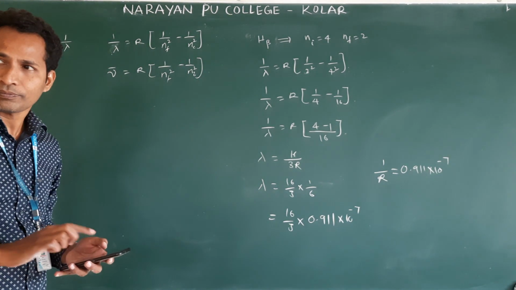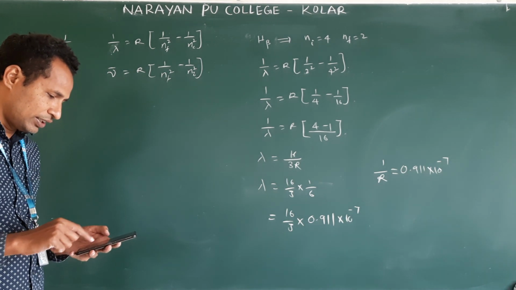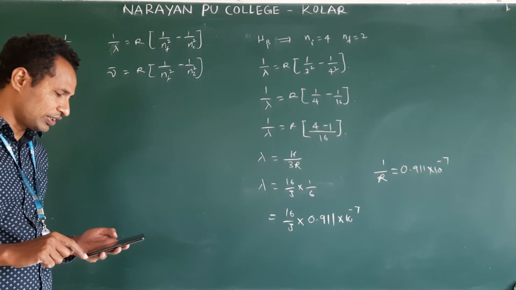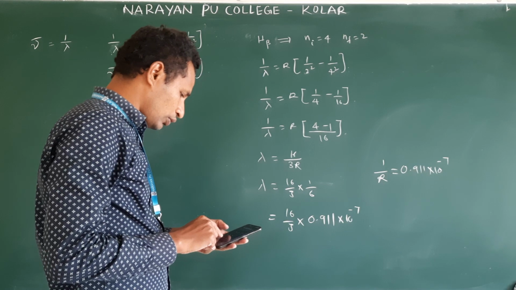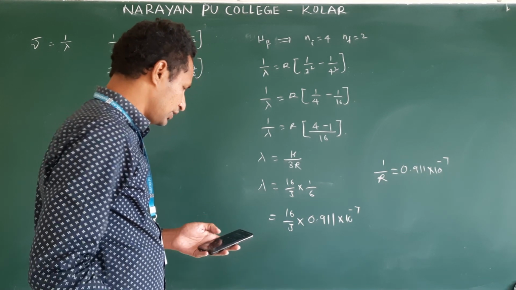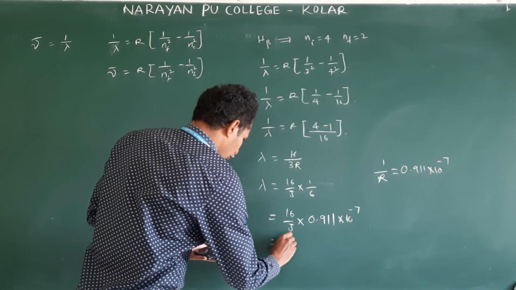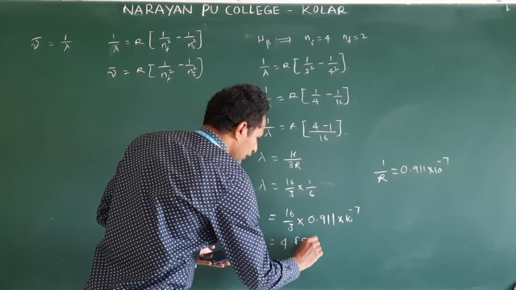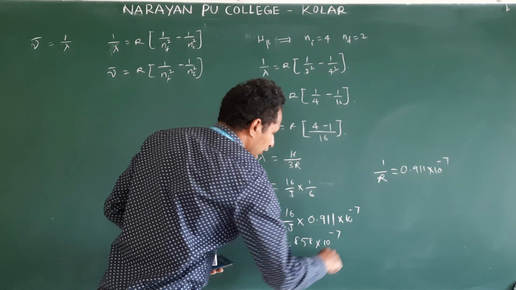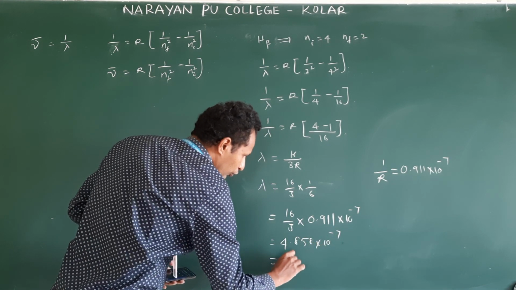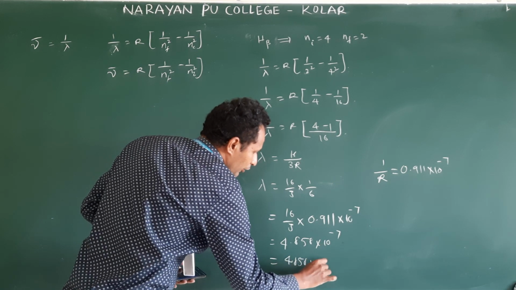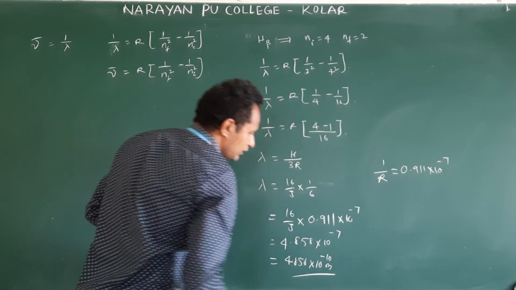Finally, 16 divided by 3 is 5.33, into 0.911. This is 4.858 into 10 power minus 7. You make it 10, so 4858 into 10 power minus 10 meters. This is the wavelength.